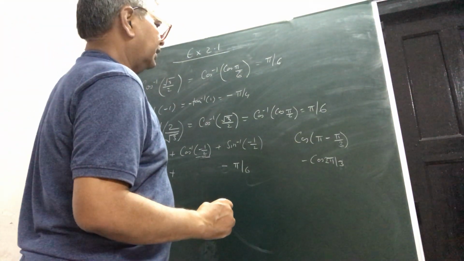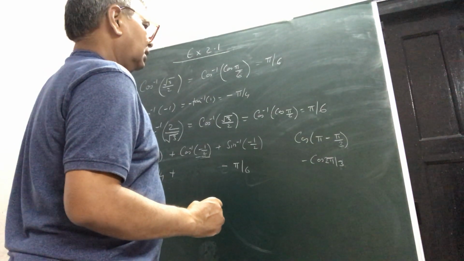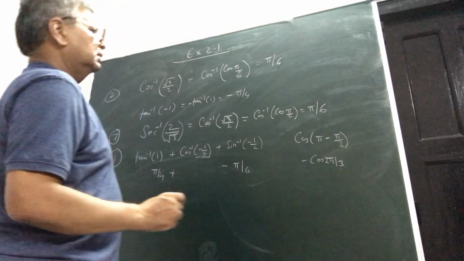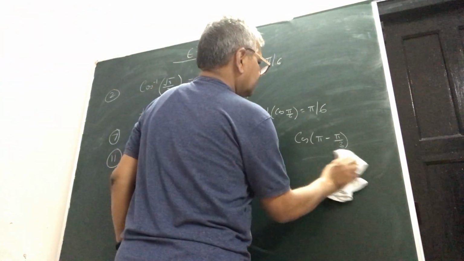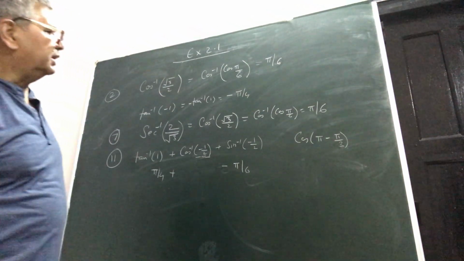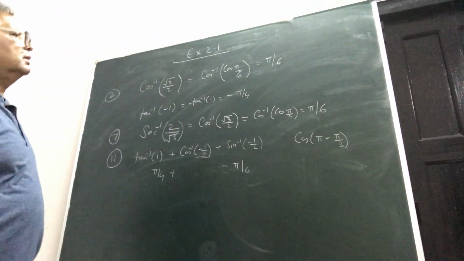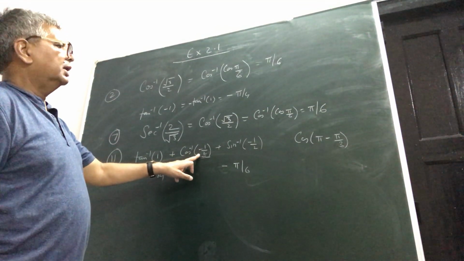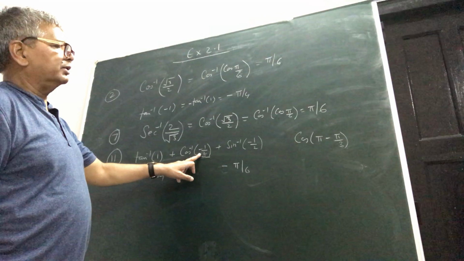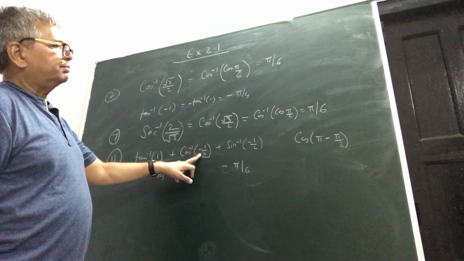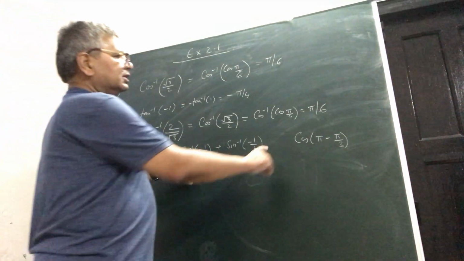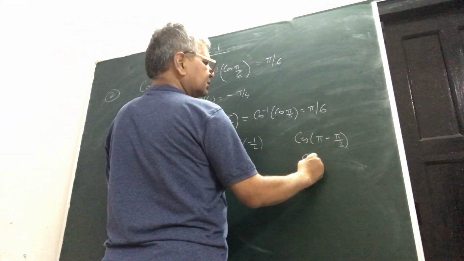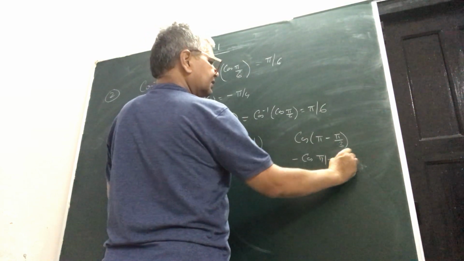Cos of pi minus pi by 3 will be minus cos pi by 3, and this is minus 1 by 2.